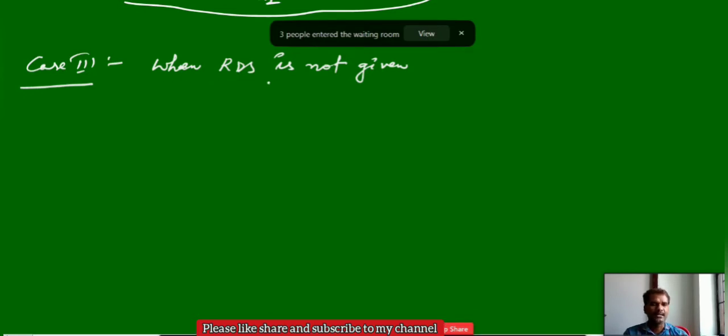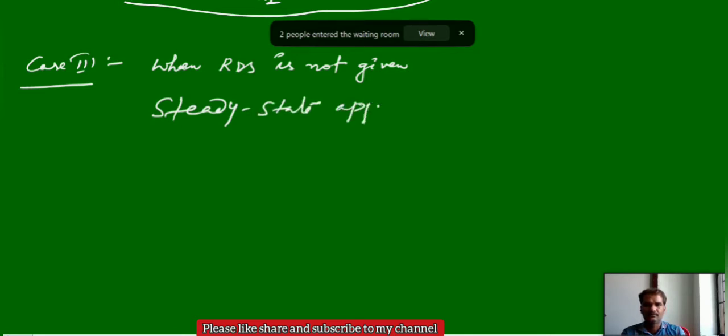If there is no RDS, it's a complex reaction but with no RDS, then how to write the rate expression? For that we can go through the steady state approximation. By using this concept we can write the rate equation.